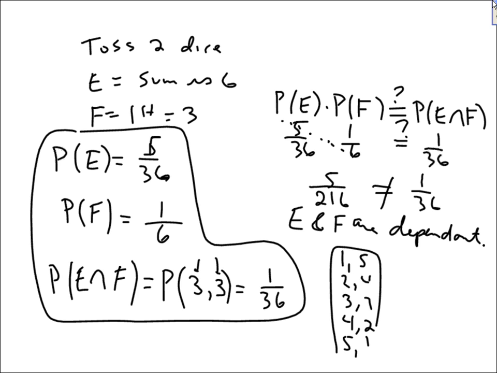Let's see. The probability of F given E. Does this just equal the probability of F? I mean, the answer is no, because we just proved it. But how can we see this? No, I want to do it the other way.